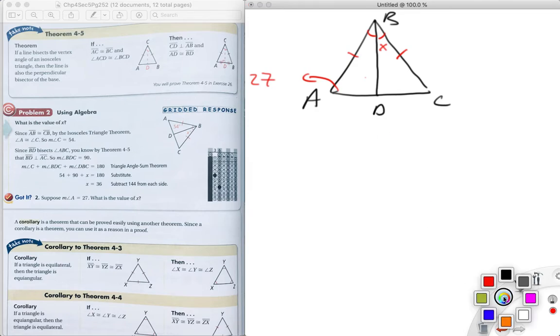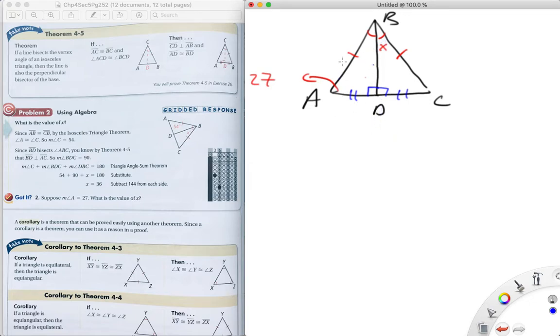What is this guy? Since I know, this is what the book wants you to do. Since I know that this is the same as this, and this is an isosceles triangle, then I know that this is perpendicular, because this is the definition of theorem 5.4.5. It's perpendicular, and these two guys are congruent.